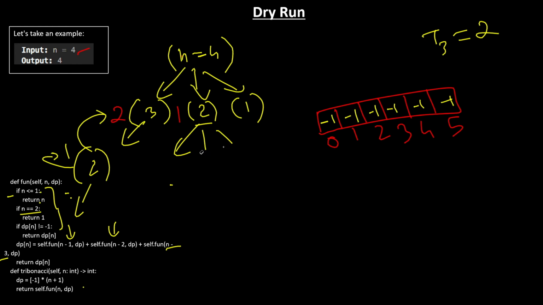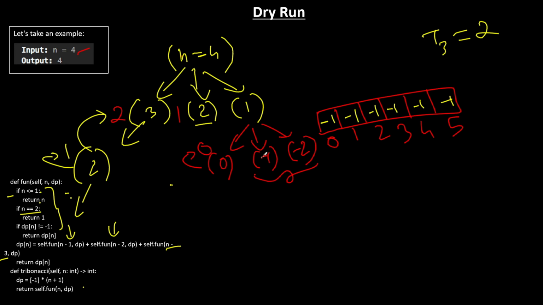Now for n equals 1, n minus 1 will give 0, this will give minus 1, this will give minus 2. So when n is less than or equal to 1, it returns n, and this 3 will return 0 itself, because n is 0 here.